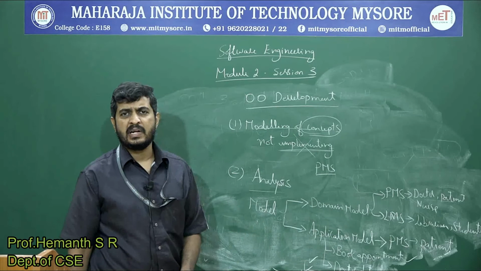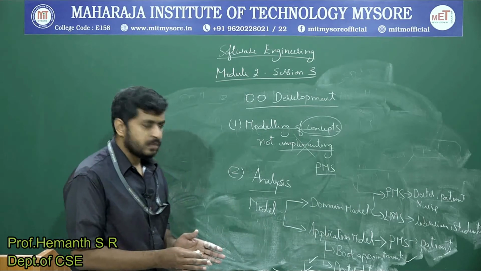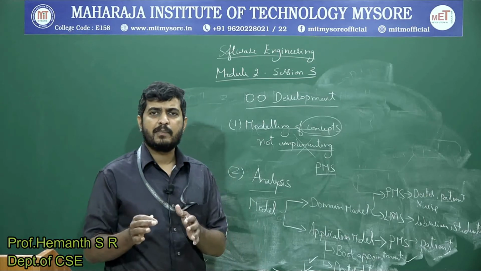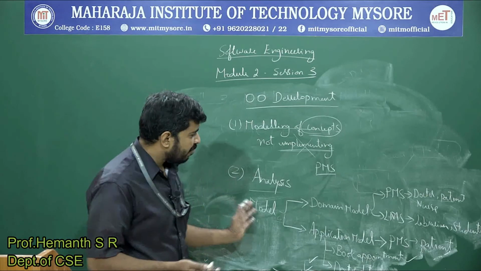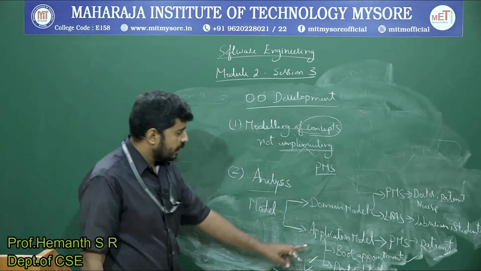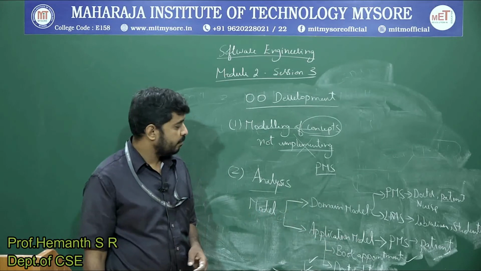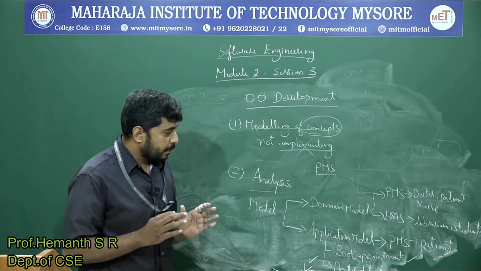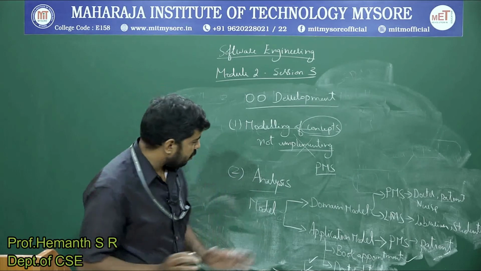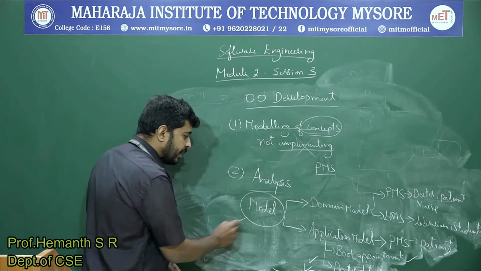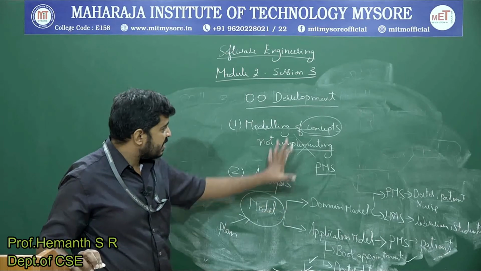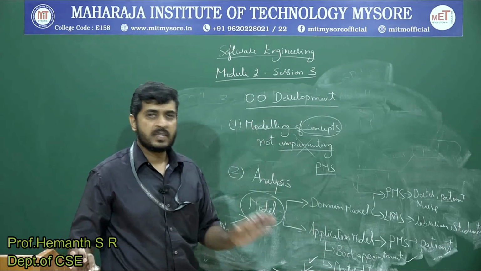So how and where are all these things being decided? Which part of the system, which part of the application should be given access, and which part should not be given access to the real world objects that have been identified in the domain model? It is decided in the application model. Please note, all these things are decided or planned in the design stage itself during object oriented modeling.